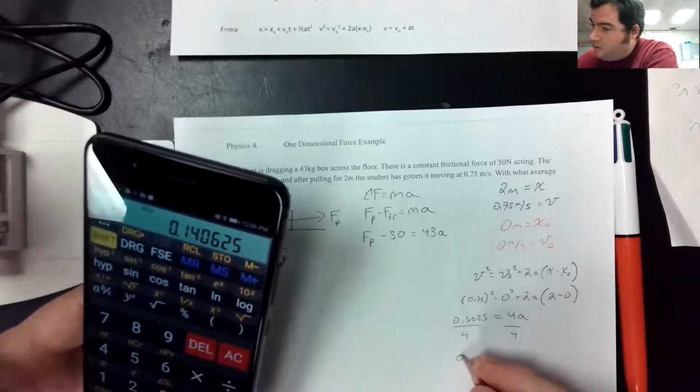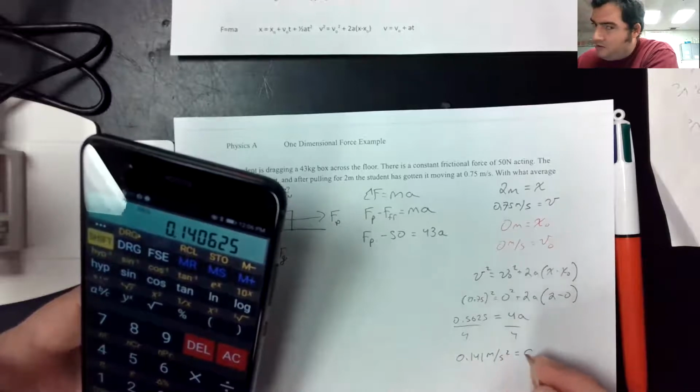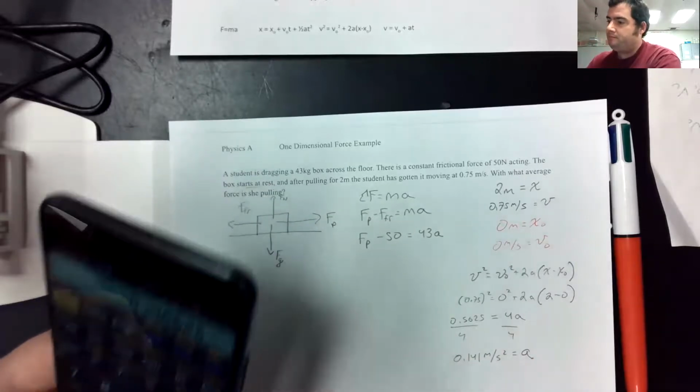So 0.141 meters per second squared is A.